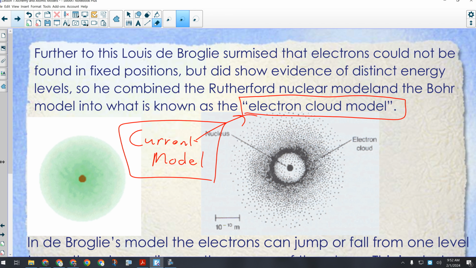How many protons does lithium have? 3. The atomic number tells you the number of protons. By default, it also tells you the number of electrons, because the number of protons and the number of electrons has to be the same so that the atom's not charged. So I know it has 3 protons, I know it has 3 electrons.